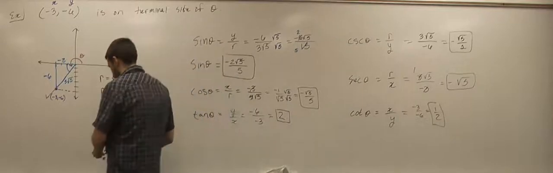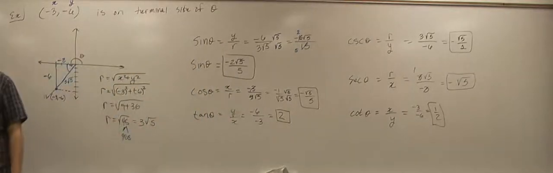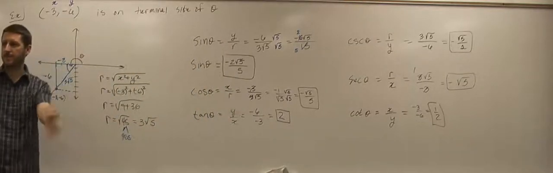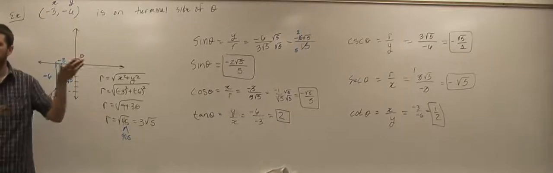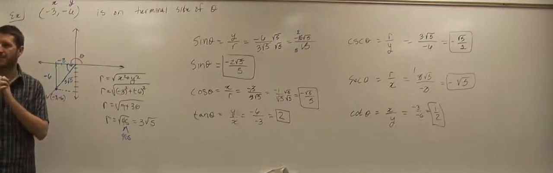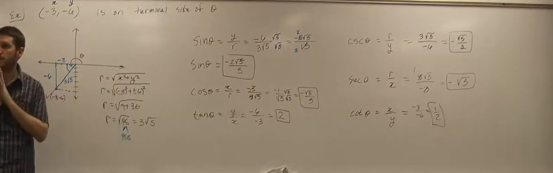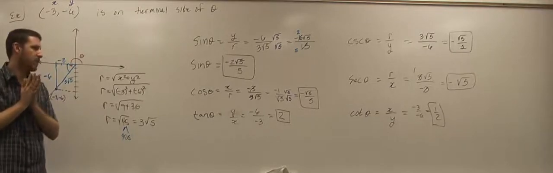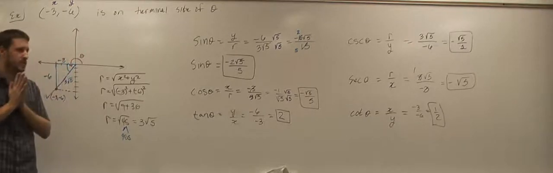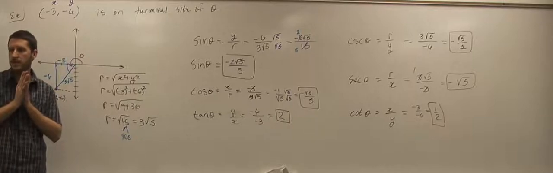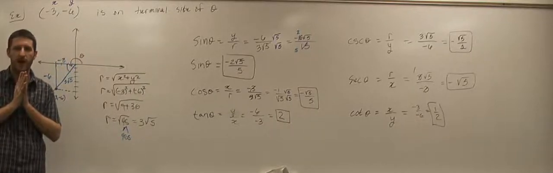Yes, sir. What are you trying to find, r? And you took the square root of 45? Why wouldn't it be negative 3 root 5? Why wouldn't it be positive? Because r is defined this way. If you walk up to somebody on the street and say, what's the square root of 25? They don't tell you negative 5, right? What do they tell you? Positive 5. Square root of 25 is 5. Everybody knows that.